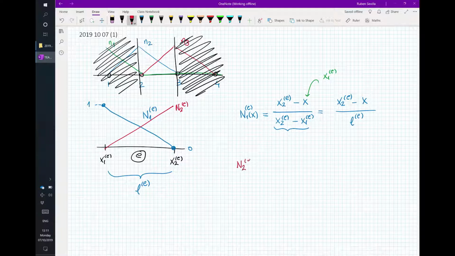N2 will be x minus x1. This will cancel now when x is equal to x1. And to make it 1 at the other end, you scale it again. So that would be the final expression. That's a simple way to build them. You don't need to. The only thing you need to remember is that it's 1 in one node, 0 in the other node. That's it.